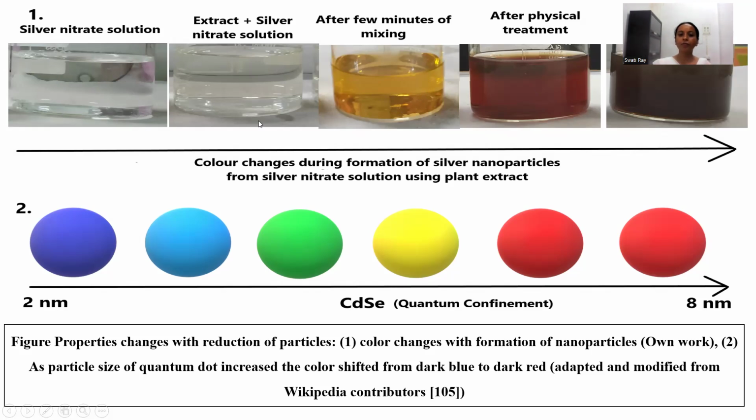So this is a unique optical property of silver nanoparticles. Similarly, with further reduction of the particle size, the color changes from red to blue, and these color changes are defined as quantum dots, which are used as fluorescent markers for labeling purposes.